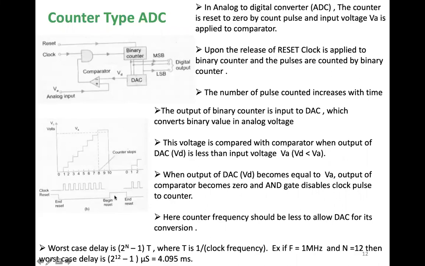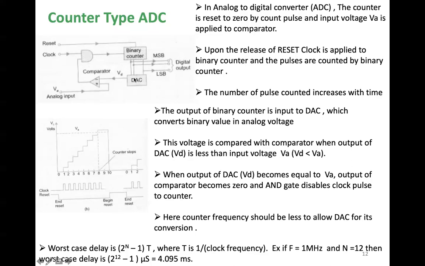The next thing, this voltage is compared in the comparator when the output VD is less than the input voltage VA. So there is a comparison that happens here between VA and VD. VD is nothing but from the DAC, the digital to analog converter.